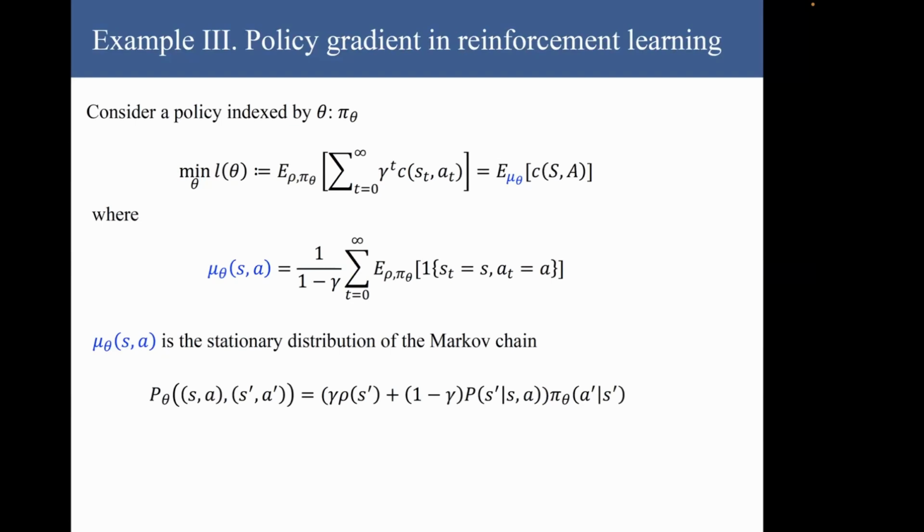Now, this discounted cumulative cost can also be written as an expected cost with respect to what is known as the occupancy measure in the RL language. But this occupancy measure is also a stationary distribution of a Markov chain, and the stationary distribution has the following transition dynamics.